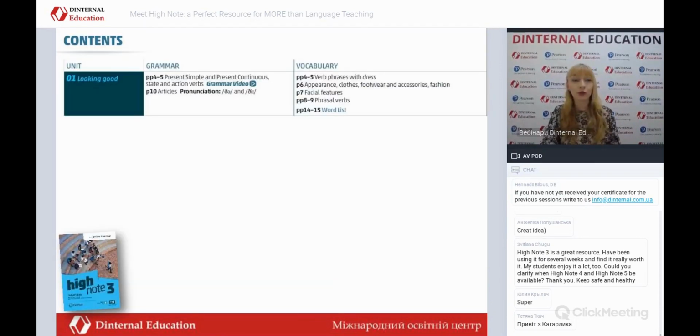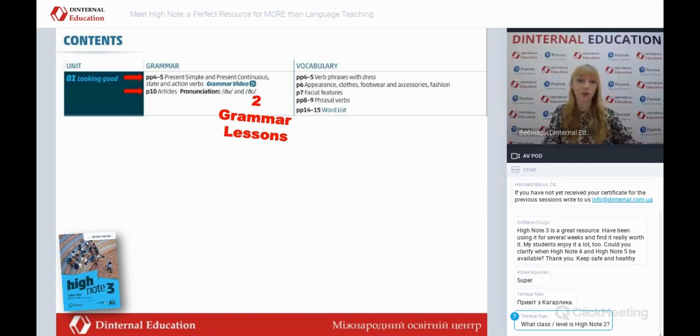So I just wanted to show you, this is Unit 1 from High Note 3. It's the structure of each unit. Just take a quick look. We've got at least 2 grammar lessons per unit, at least 2, because sometimes there is a separate grammar section in some other lessons as well, in some other subsections.